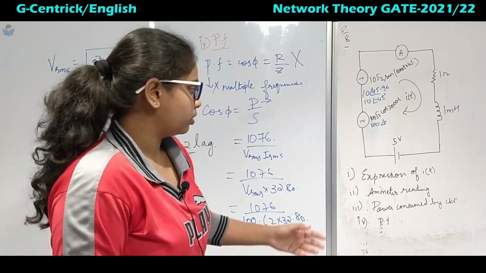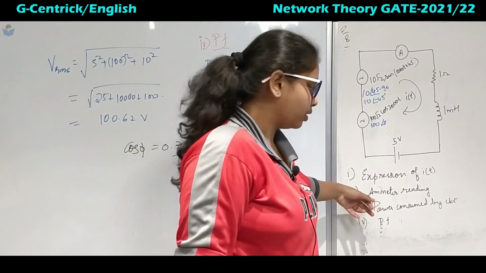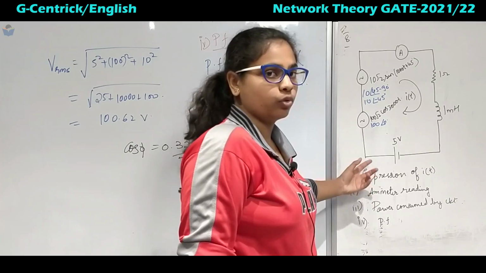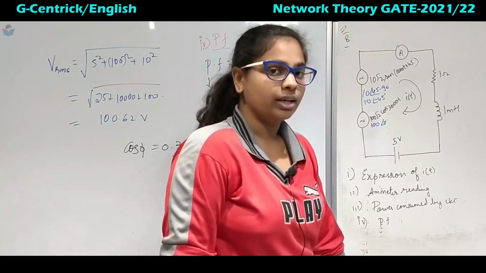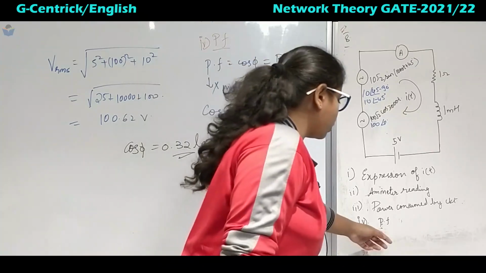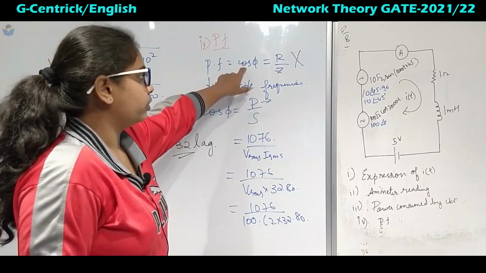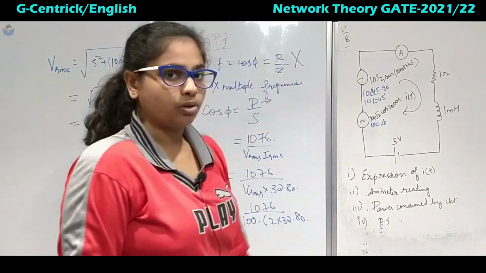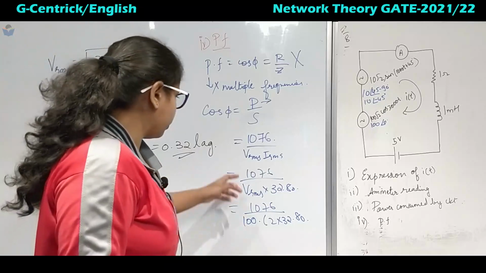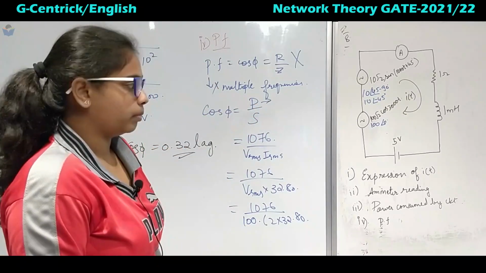An ammeter always measures the RMS value, current RMS, and a voltmeter measures voltage RMS. Power is only consumed by the resistor. You also have to know where to use the power factor. If there are different frequencies, you cannot use the R by Z formula, which is applicable only for one type of frequency. For multiple frequencies, we use active over apparent power.